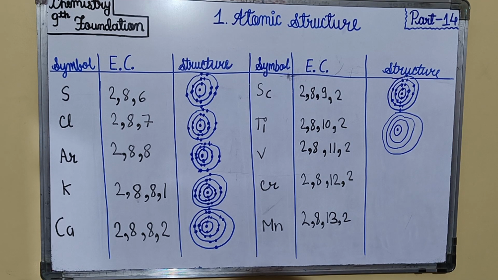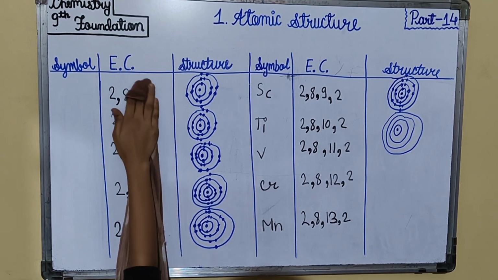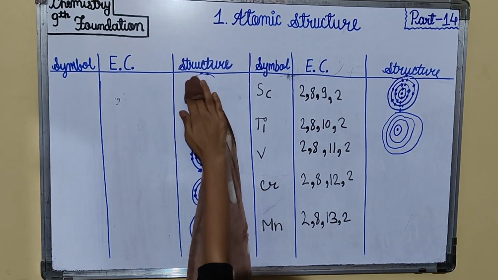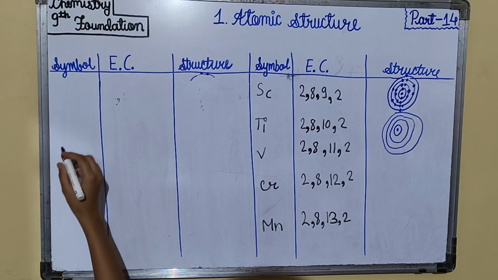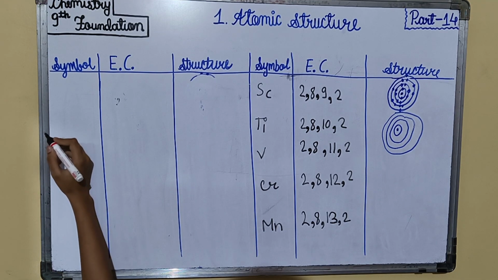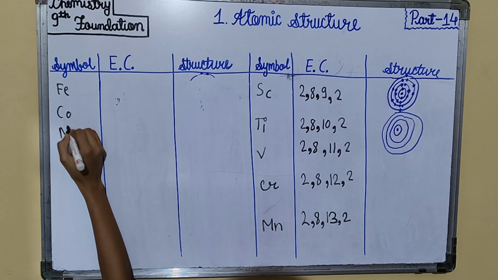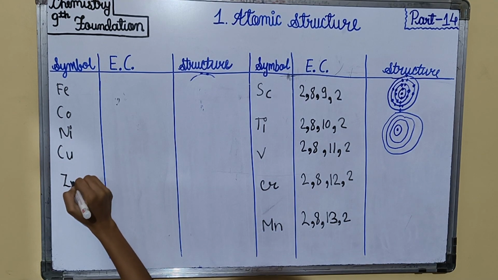Now let's see the other elements. The remaining 5 are iron, cobalt, nickel, copper, zinc.